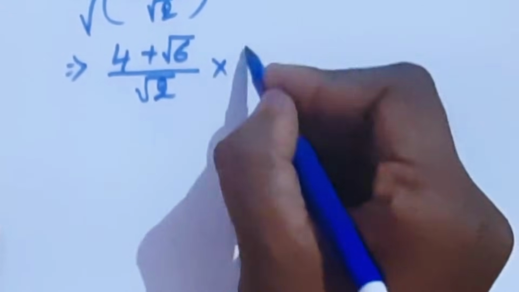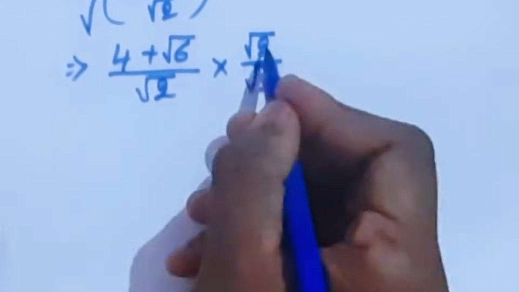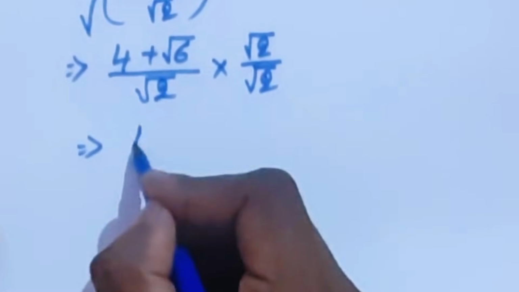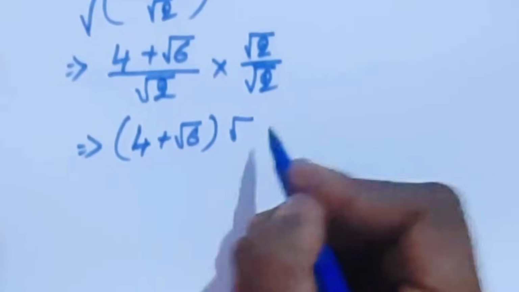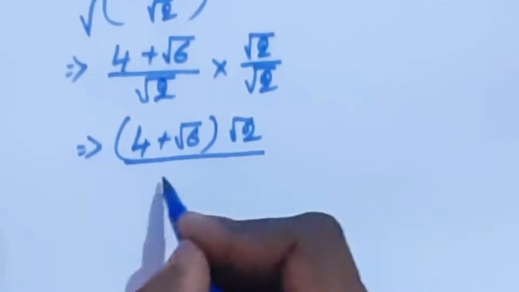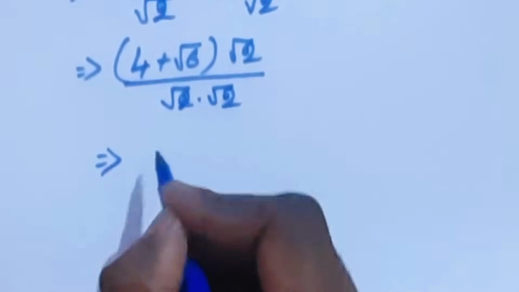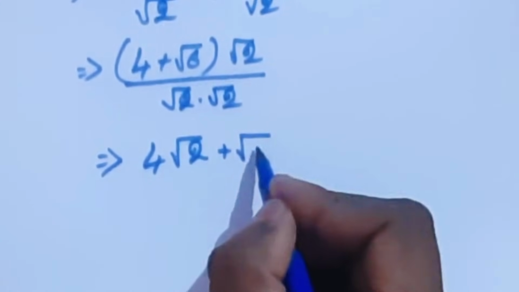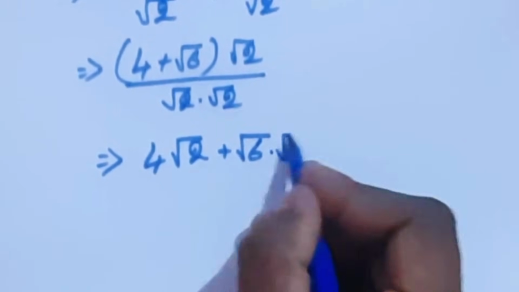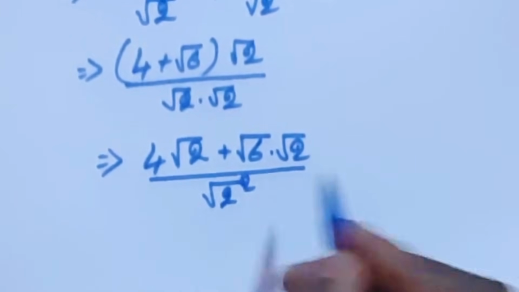Now we are going to multiply with square root of 2 and divide by the same. Now we are going to multiply this here. So 4 times square root of 6 times square root of 2 by square root of 2 times square root of 2. Here 4 square root of 2 plus square root of 6 times square root of 2, by square root of 2 square.